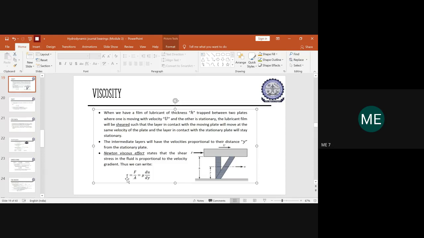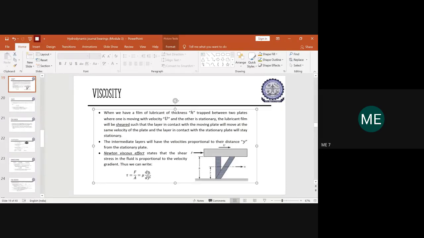So we write the shear stress will be equal to force upon the cross-sectional area. But as per Newton's effect, this is proportional to the velocity gradient, and hence you should determine the velocity with which it is moving. And I told all the intermediate layers here will be moving with some velocity which is proportional to this distance y.